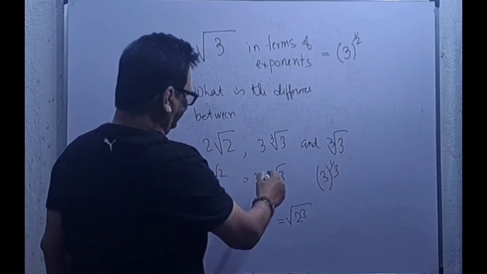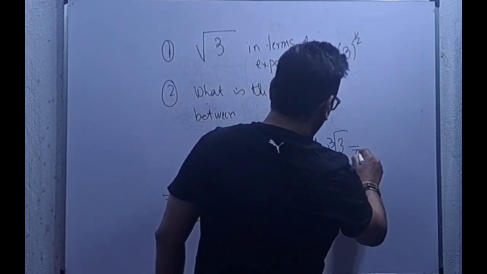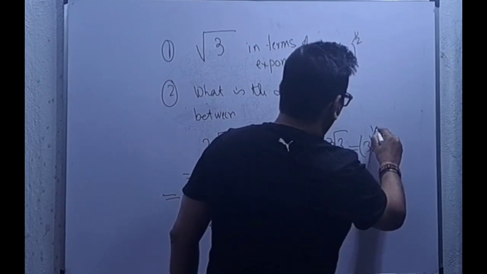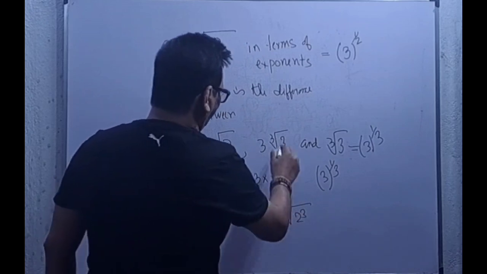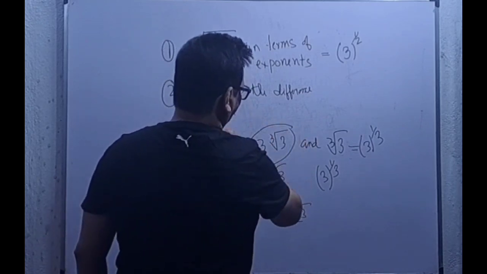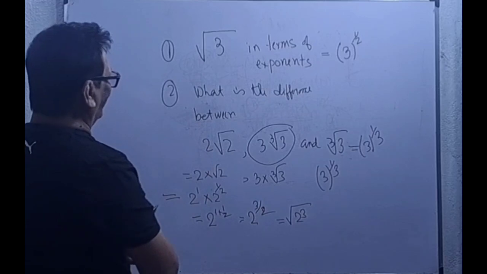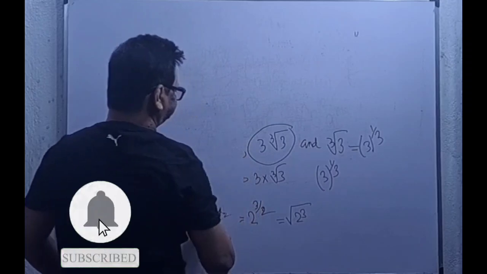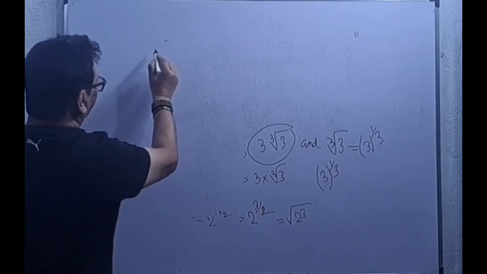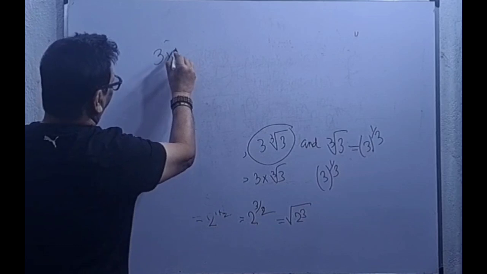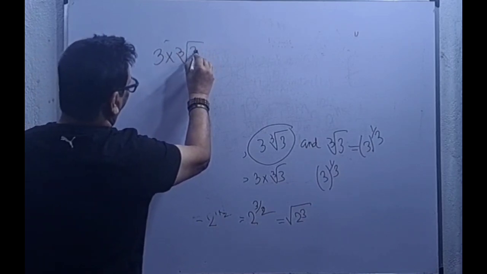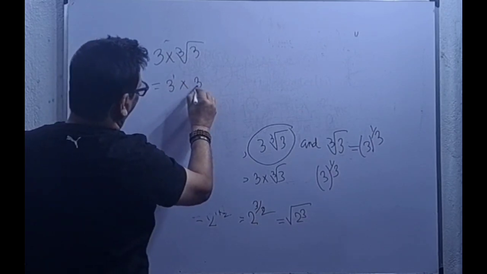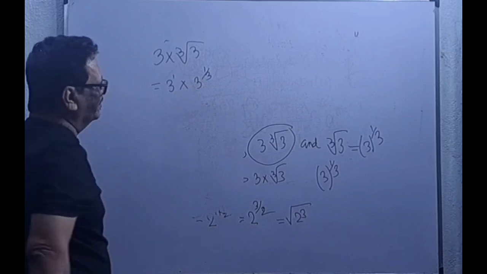Now this means 3 power 1 by 3, right? Now if we go on to simplify this, let us simplify that part, right? So 3 multiplied by third root of 3 will give you 3 to the power of 1 multiplied by 3 power 1 by 3, correct?